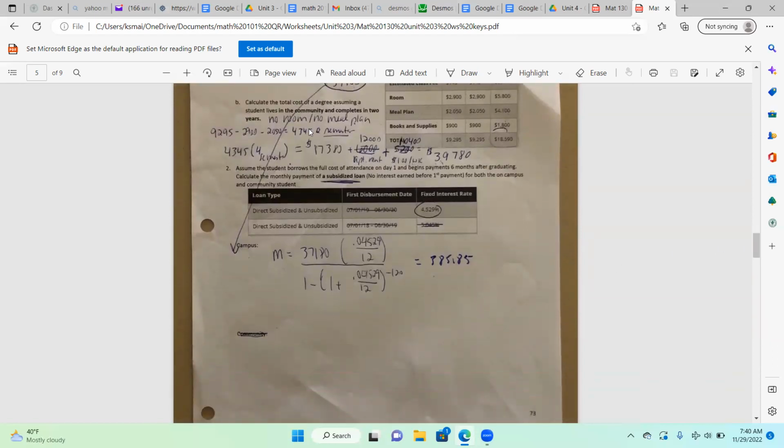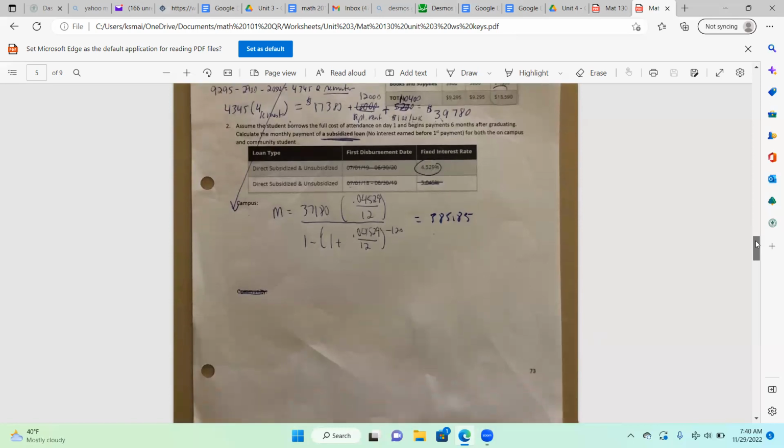So your totals for your costs might be a little bit different depending on how you were thinking about them. But we decided to use the direct subsidized and unsubsidized fixed rate of 4.529%. If they borrowed to live on campus, his or her monthly payment would be $385.85.